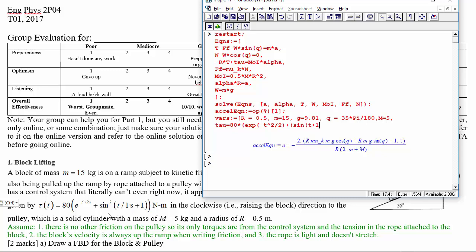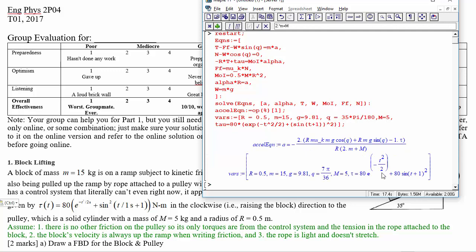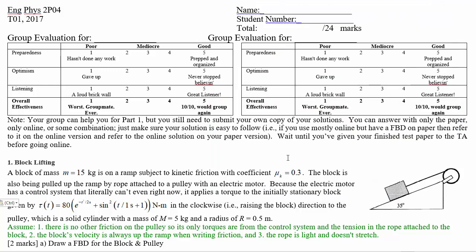That's just to say that the time itself has to be in units of seconds, and same with the seconds up here. T plus 1, all squared, and that should be good. Let's just have a look and see that everything makes sense in this. Did we forget any variables? I don't think so. Oh, mu k. Yeah, so mu k is equal to 0.3.